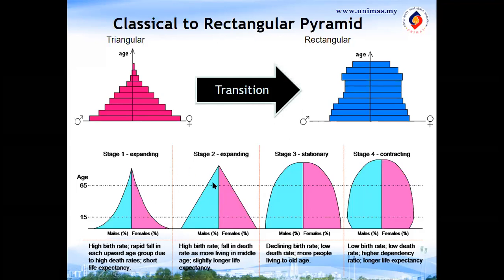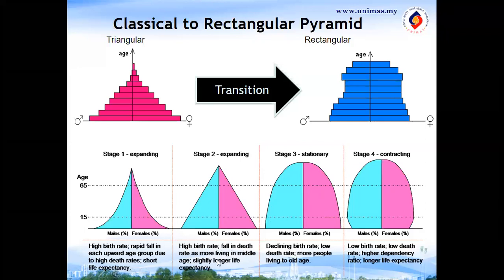Okay, so stage 2 is where the high birth rate is still maintained, and there's a fall in the death rate. Now you bandingkan dengan, remember the theory that we talked about early on, the demographic transition theory. That would be something similar lah, where you find that the birth rate lambat turun daripada kadar kematian.